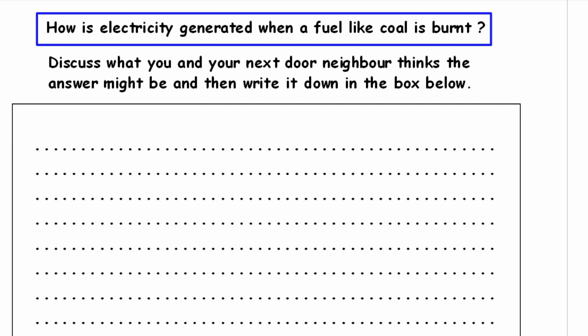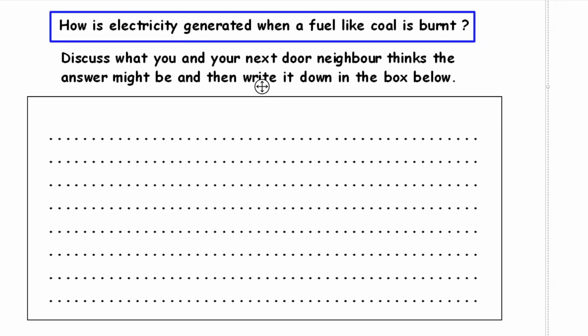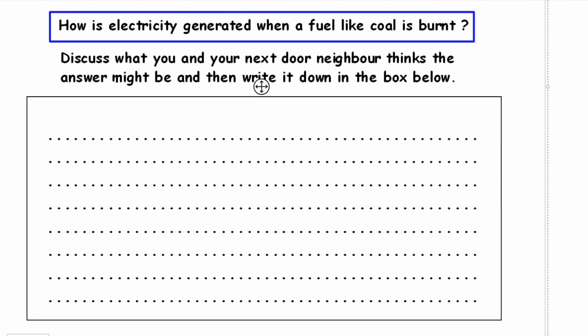And a little starter for that, before we get into the nitty-gritty of exactly how, is I'd like you now to, if you're in class, or if you're at home, it might have to be something you do with a member of your family, or a phone call, discuss what you and your next door neighbour, so that's if you're in the class, think the answer might be, and write it down in the box below.